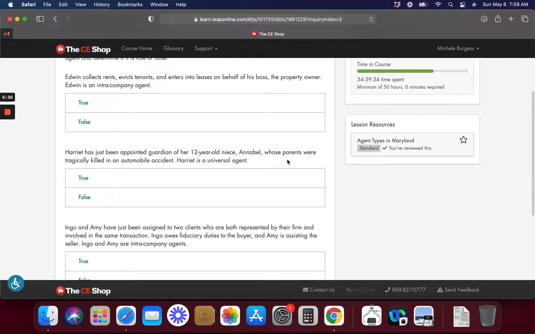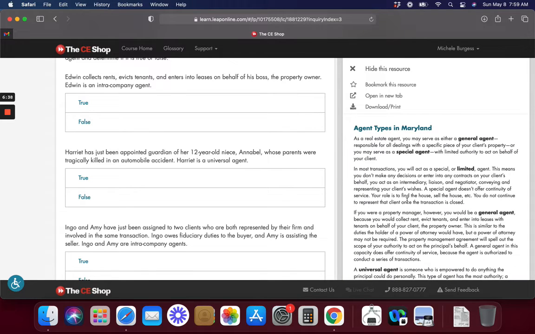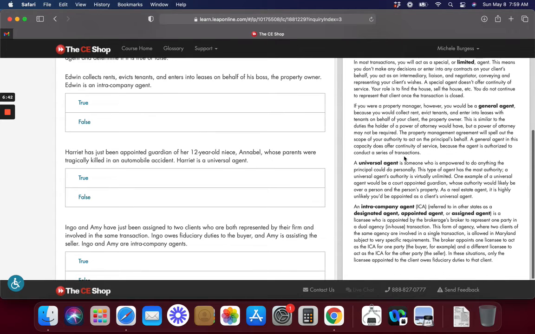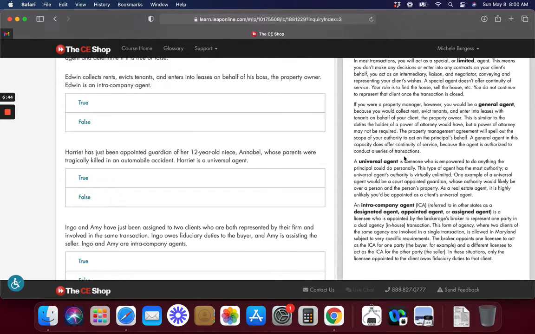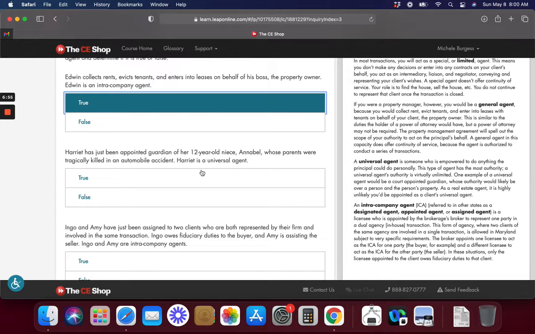Someone collects rents on behalf of a property owner. I believe he's an intercompany agent. I don't know about intercompany. I don't know, I'm guessing. I think this would be universal.